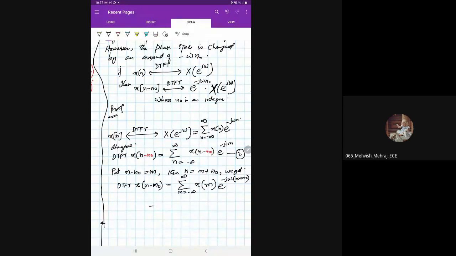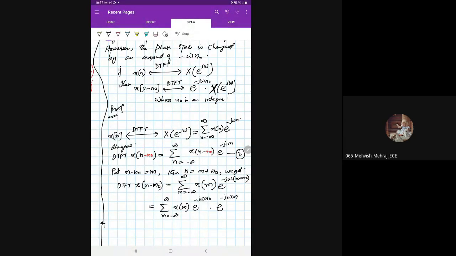So if we will further simplify it, it will be summation of m equal to minus infinity to plus infinity, then it will be x of m, and it will be e raised power minus j omega, just a second, we have, okay, yes, j omega n naught into e to the power minus j omega m, okay.